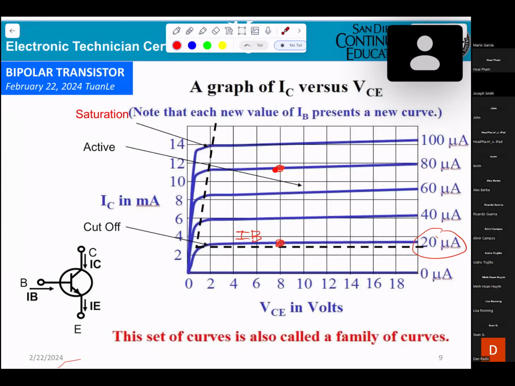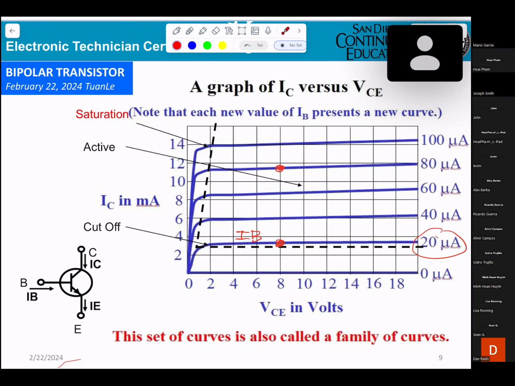Now, at this point, what is the VCE? 8. Perfect, you go down, 8 volts. If you want the current IC, you go to the left, and it will be higher than 10 milliamps. This is the relation between IB, VCE and IC.